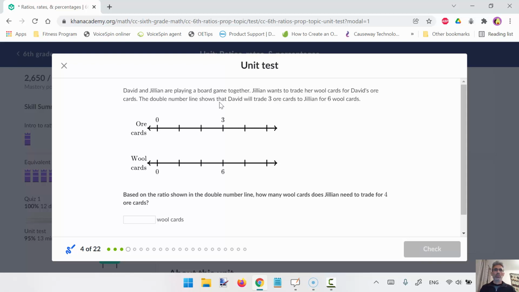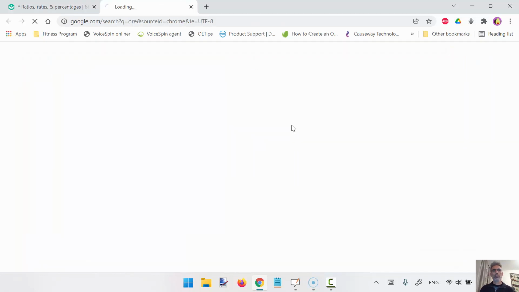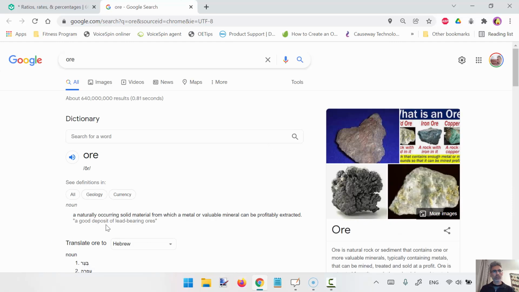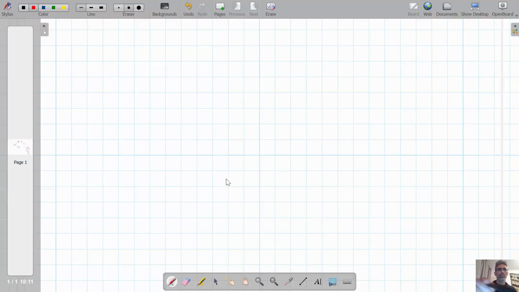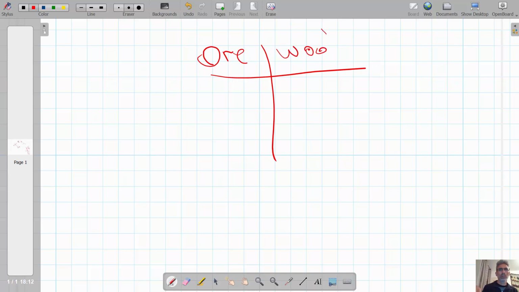The double number line shows that David will trade 3 ore cards to Jillian for 6 wool cards. 3 to 6.